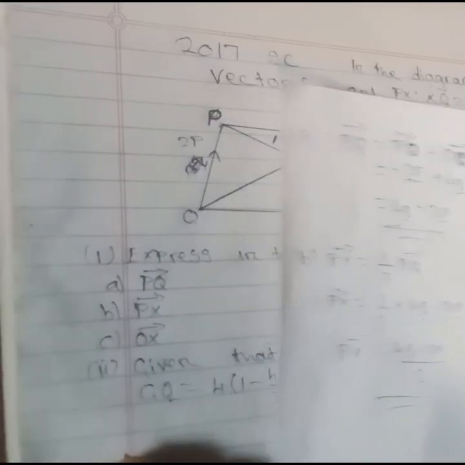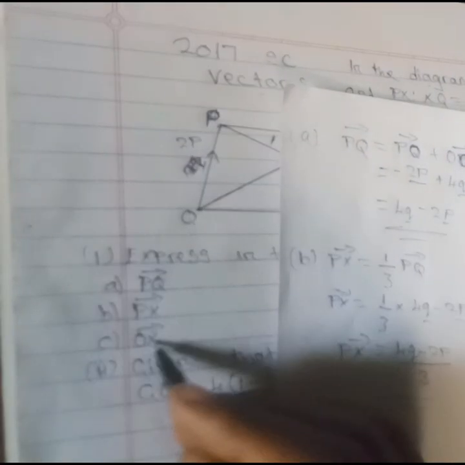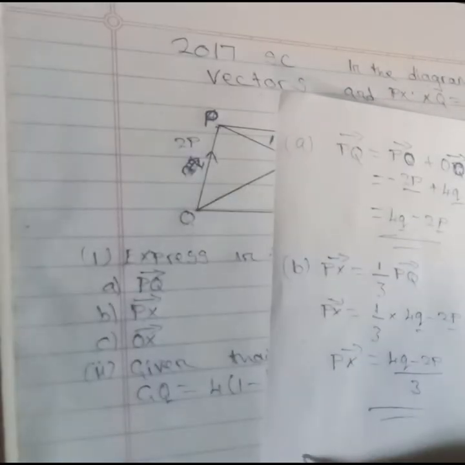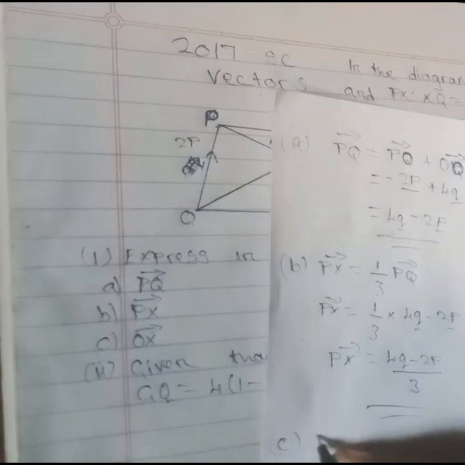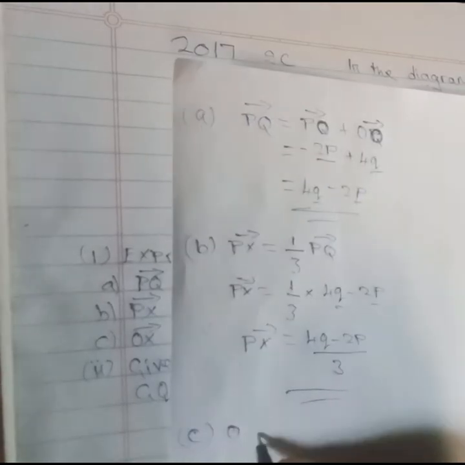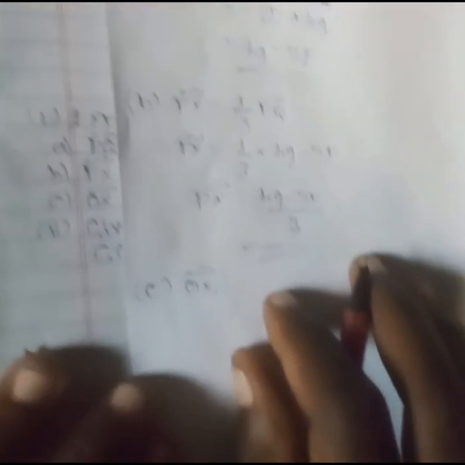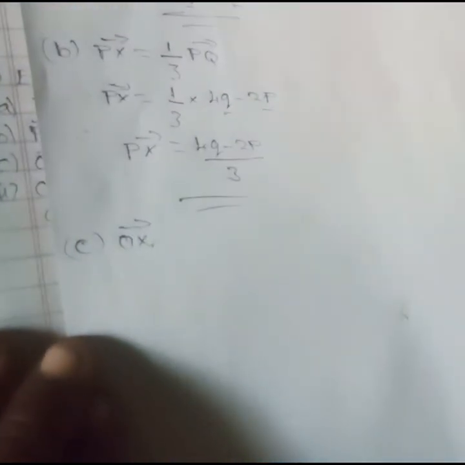Let's go to the third question, vector OX. So what is vector OX? Let's go to the diagram.